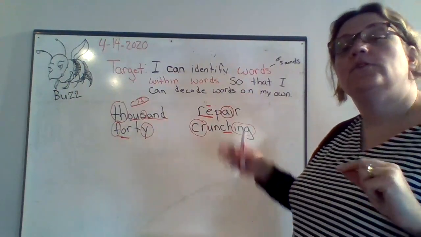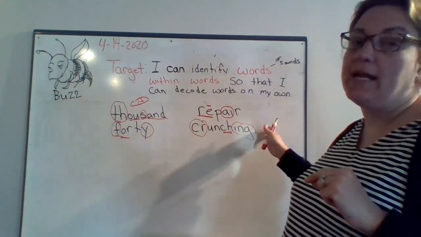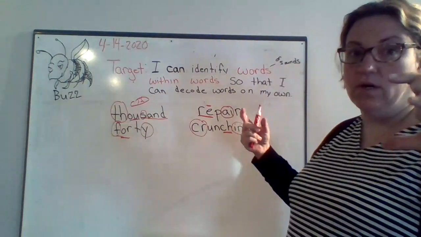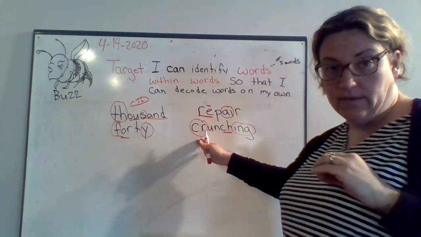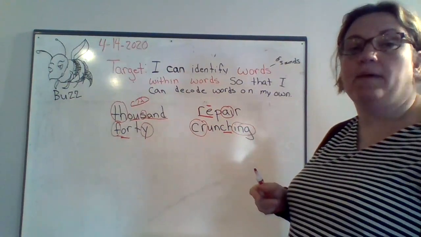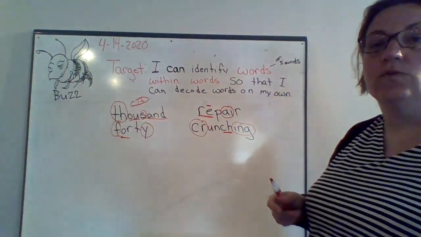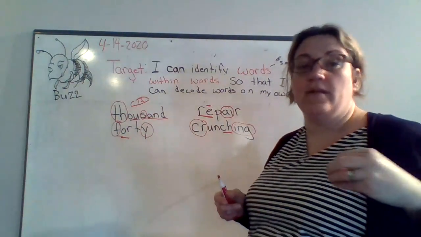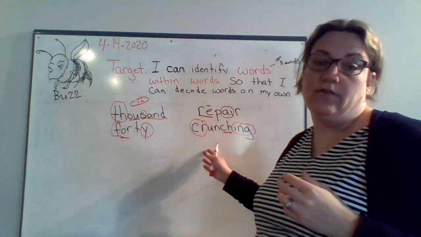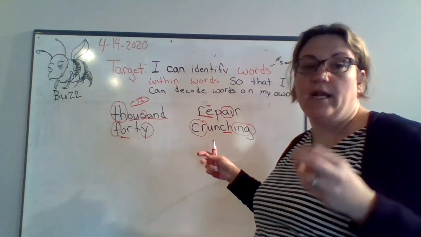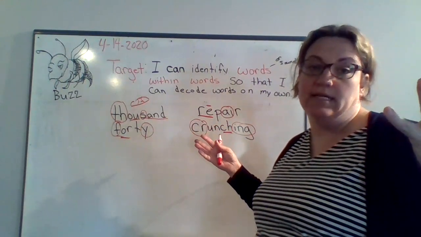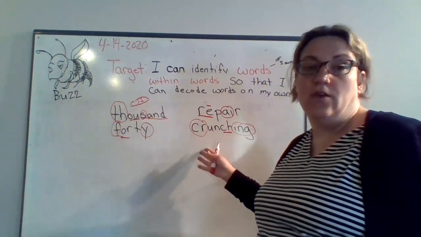Okay? So I want you to use the strategy when you're reading today. When you have those big words that you can't decode on your own, you break it apart. Okay? And I just want you to send me the name of the book or the name of the title of something that you read today that you used the strategy with. Does that make sense? So the title of the book that you're reading or the title of something that you read today, okay, that you use the strategy with.